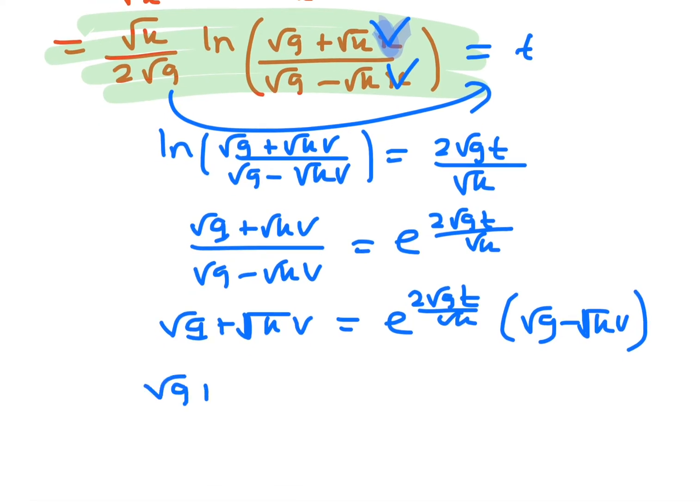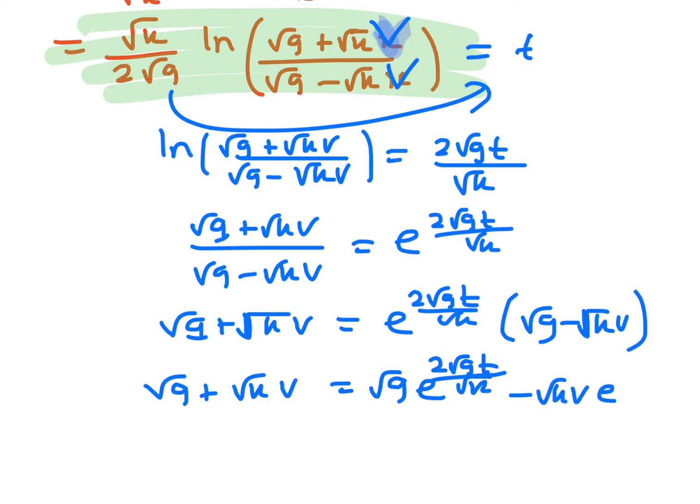So we need to get all the v's together. So it's going to be root g e to the 2 root g t on root k minus root kv e to the 2 root g t on root k.